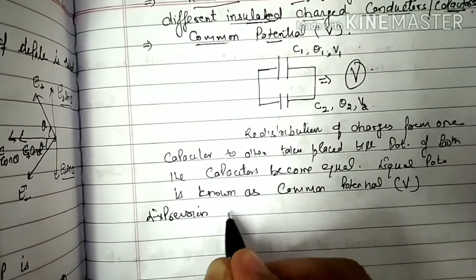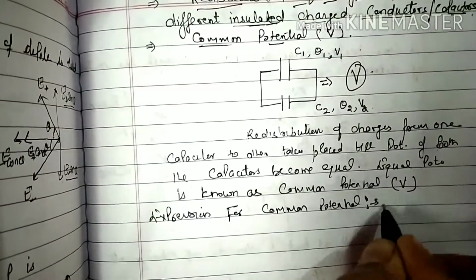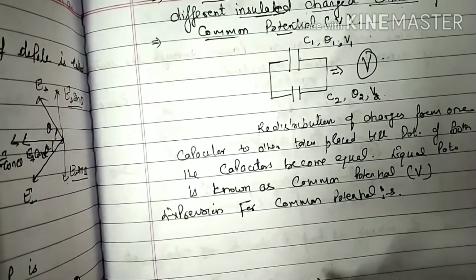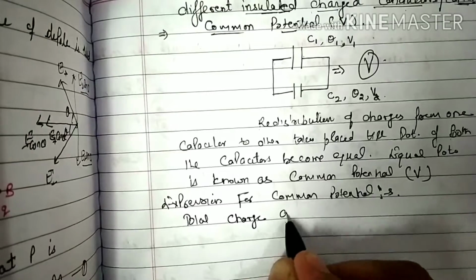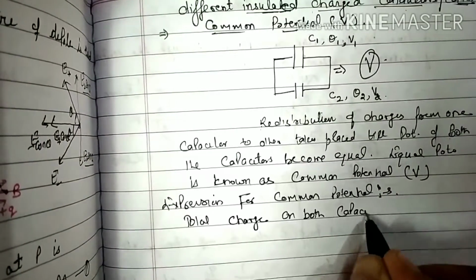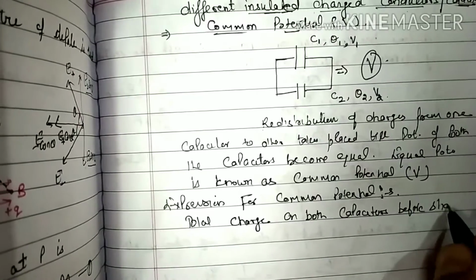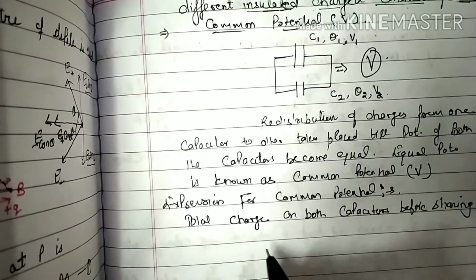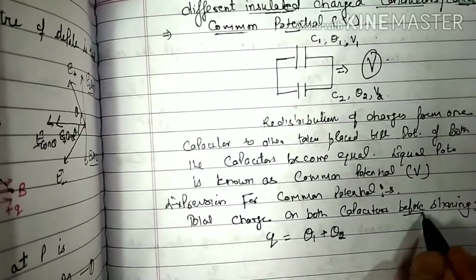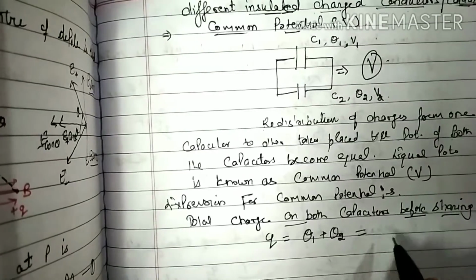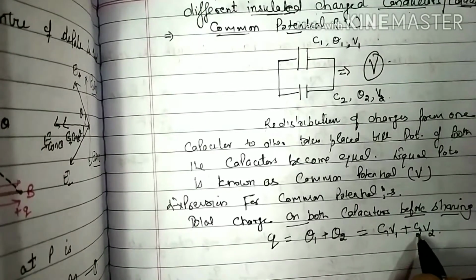The total charge on both capacitors before sharing, or before connecting with the wires, Q, we can write as Q1 plus Q2, or we can write C1 V1 plus C2 V2, because Q is equal to CV.